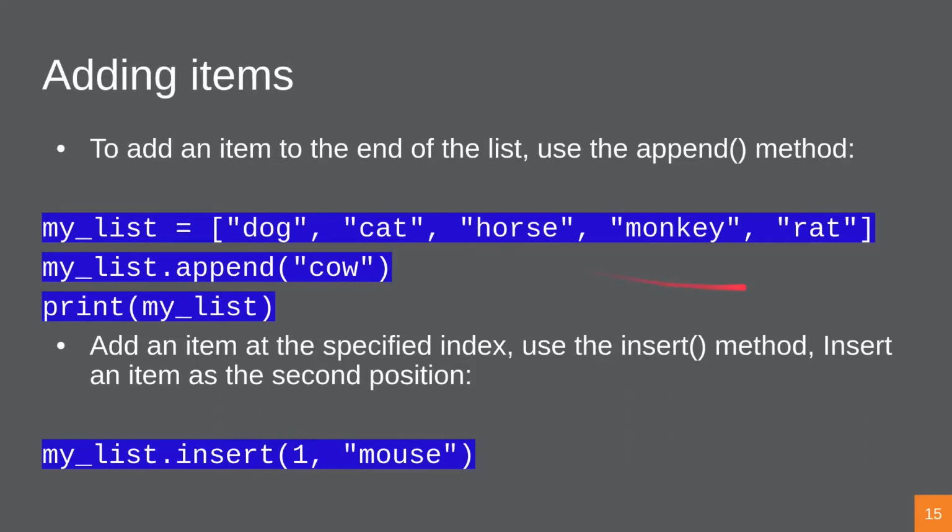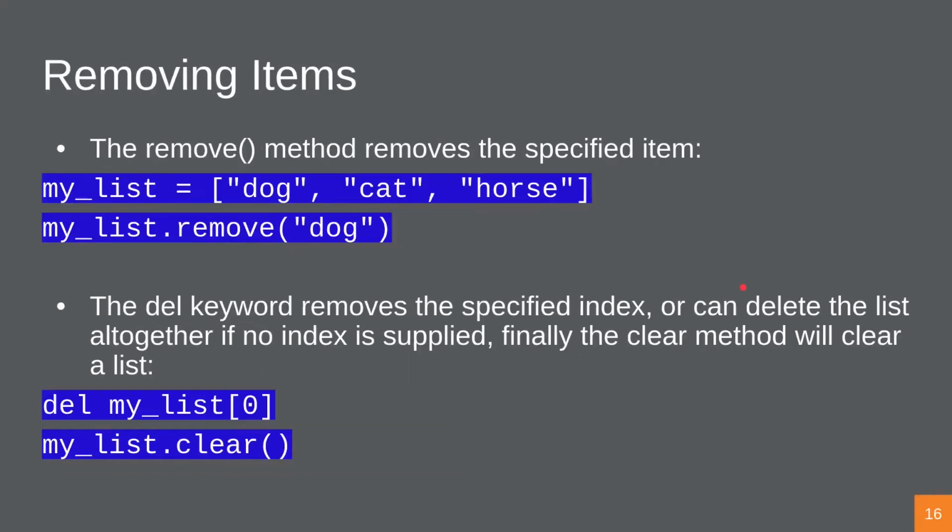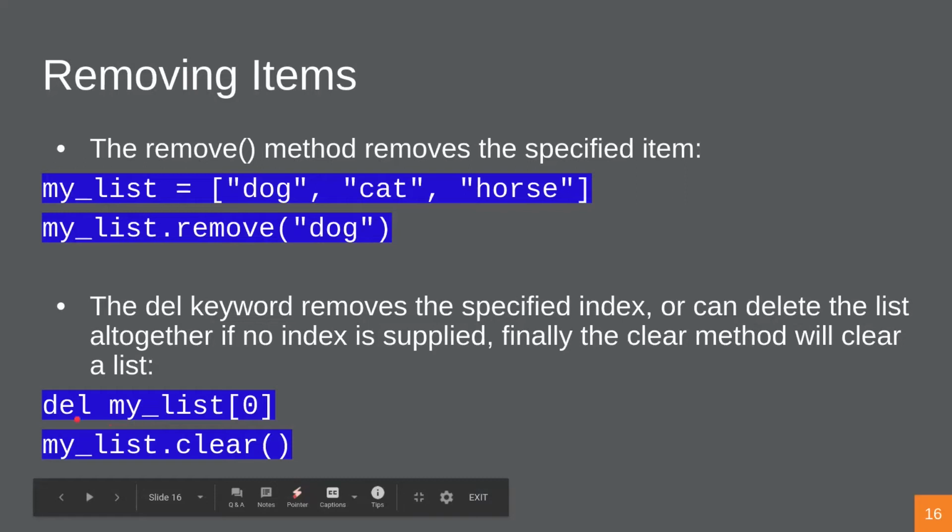So the last part on lists would be removing items. And we can remove items with mylist.remove, and we can also delete a list using del for delete mylist, and we can also use a function called mylist.clear to clear the contents of a list.